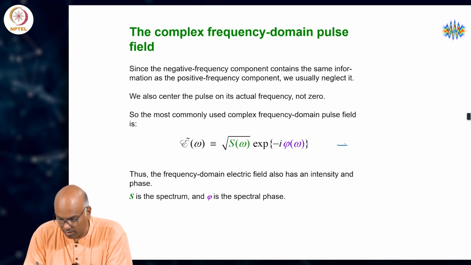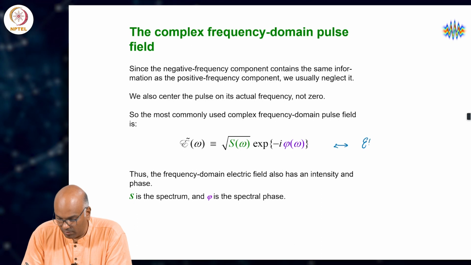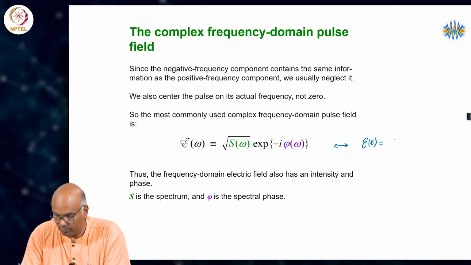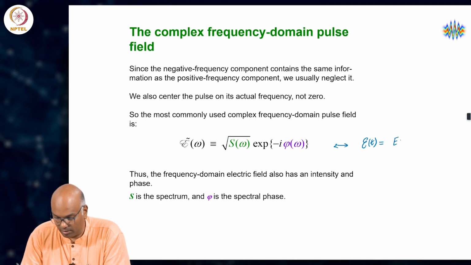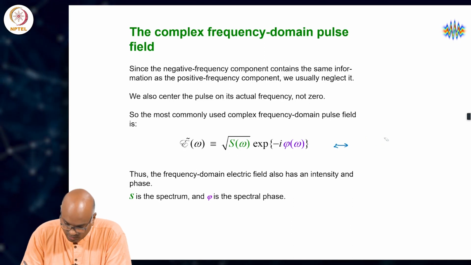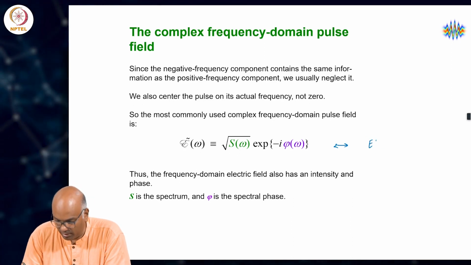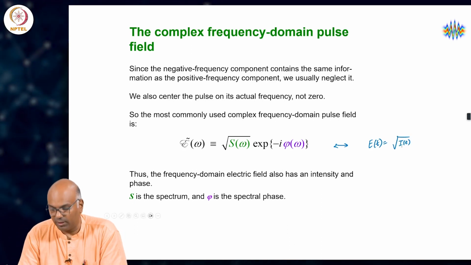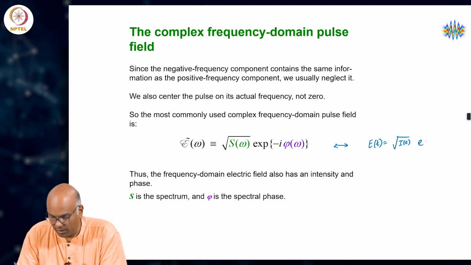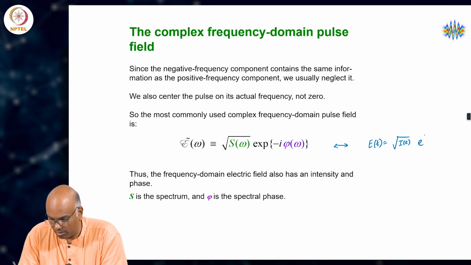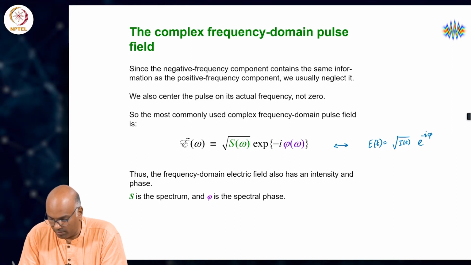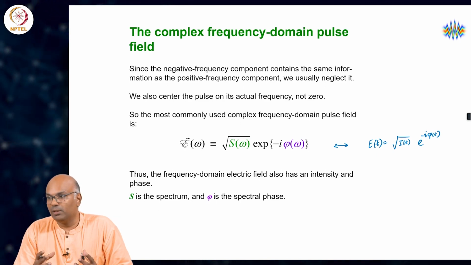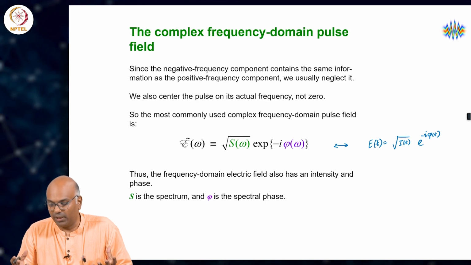Comparing apples to apples, we had E of t written as the square root of I of t e to the minus i phi of t. Compare these two. Except for the symbols t and omega, they look identical, they are the same.